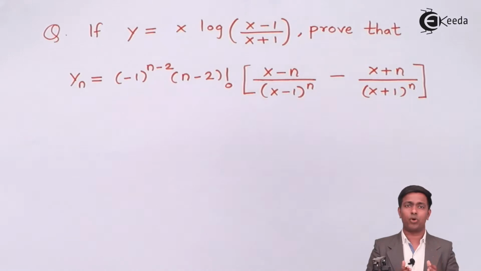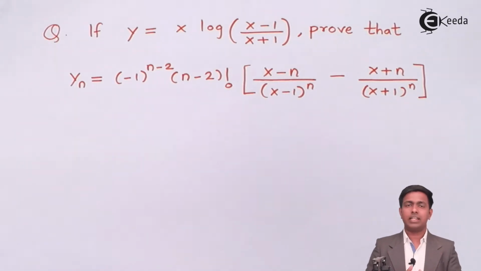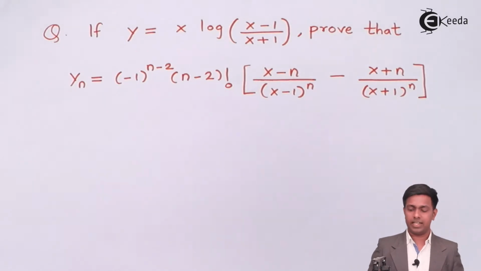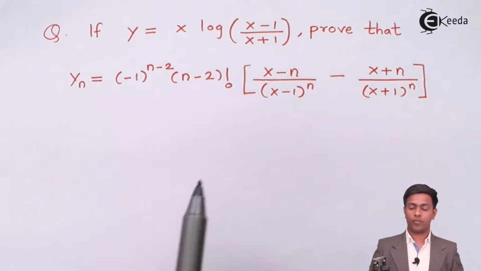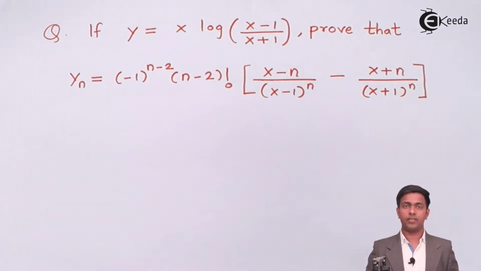So similar approach I will use over here. So since I don't have the standard formula to find out nth derivative of x into log of (x minus 1) upon (x plus 1), I will find out the first derivative and then we'll see what could be the nth derivative. So let's start.